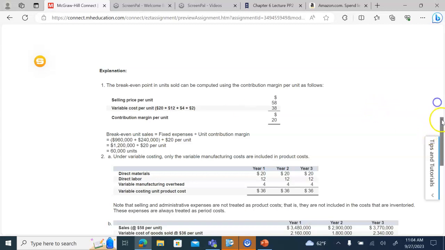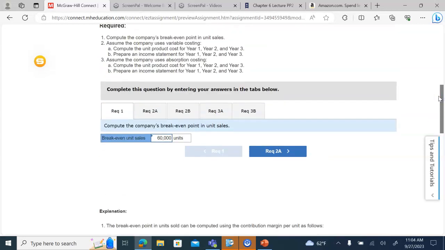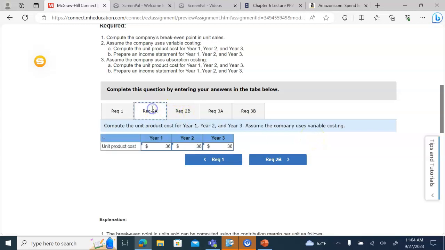Make sense? So what's the break-even unit in sales? 60,000 units. Requirement 2, compute the unit product cost for year 1, 2, and 3 using variable costing.